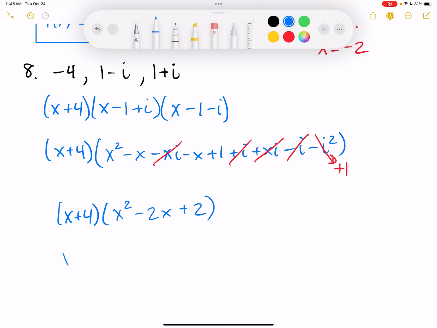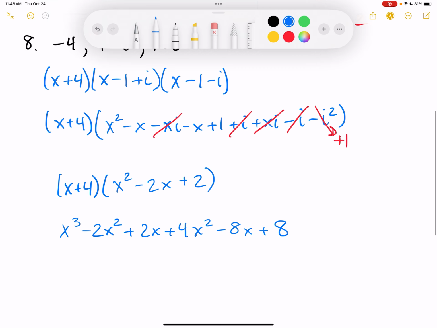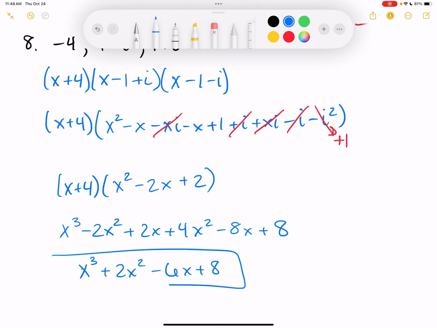X cubed minus 2x squared plus 2x plus 4x squared minus 8x plus 8. Yep. And then just combine like terms. So I get x cubed plus 2x squared minus 6x plus 8. And that would be your function of degree 3.